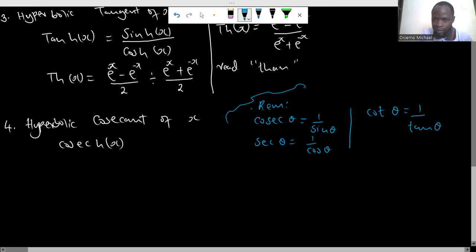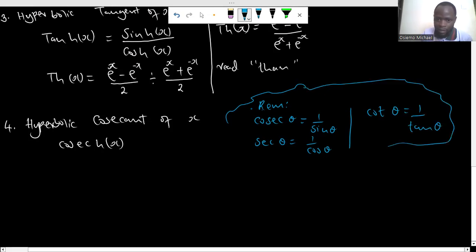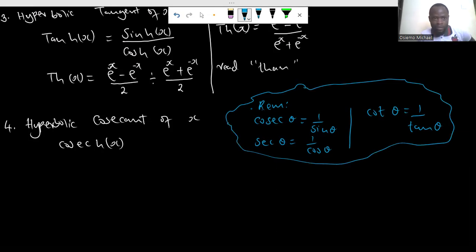This implies there is a close relation between trigonometric functions and hyperbolic functions. But today we are not going to look at the relationship between the two; we shall look at it maybe in another lesson.